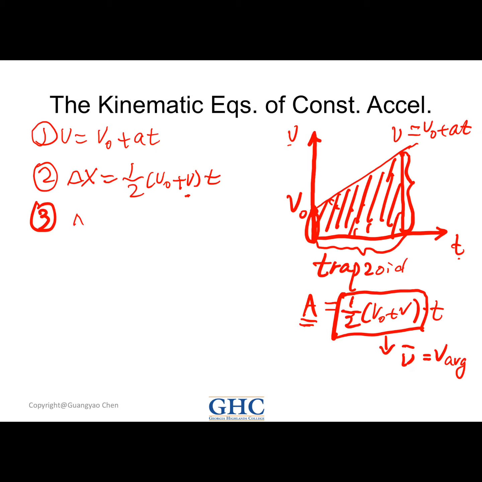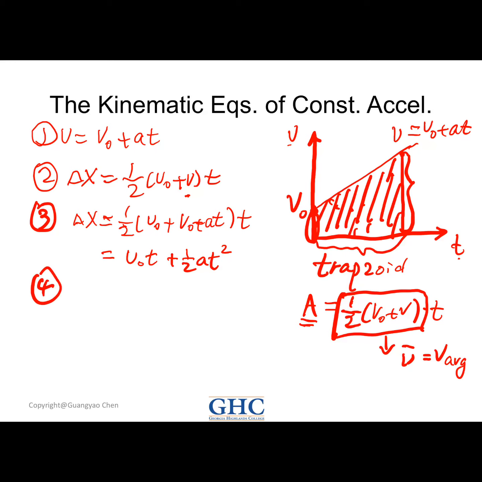So I have displacement equals 1/2 (v0 plus v0 plus at) times t. If you carry it out, you should have v0t plus 1/2 at squared. This is our third kinematic equation.